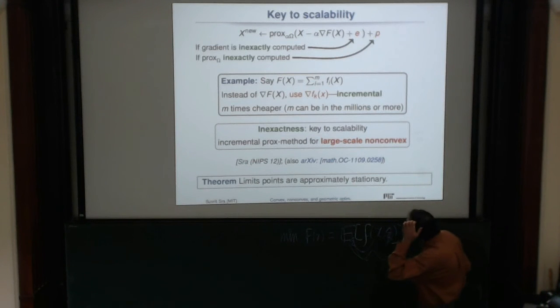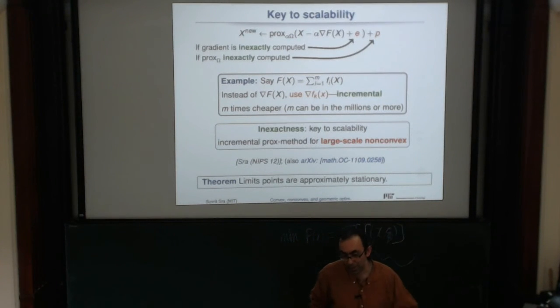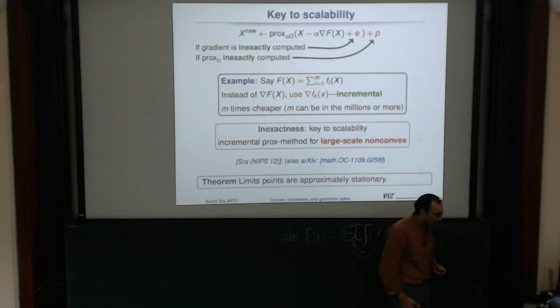And then there's a theorem which was at that point satisfactory to me: the limit points of this procedure, if it generates any, are all approximately stationary. Approximately stationary because I'm doing computation with error, and the error is not going away to 0 in the limit as k goes to infinity. So you will not really be able to say something more than approximate stationarity. But at least you're doing the right thing.